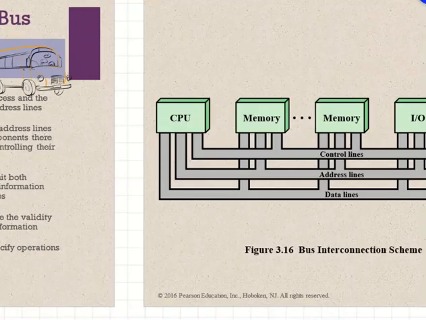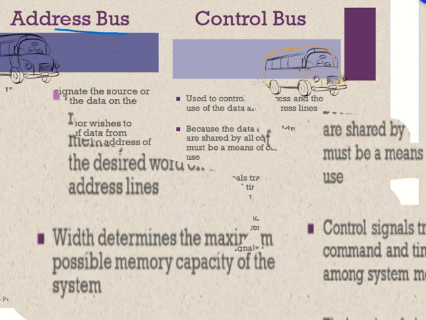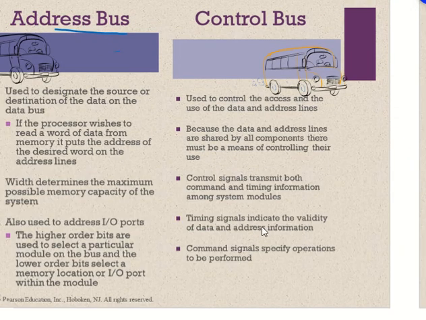And the control bus. So let's look into the control bus. The control bus is used to control the access and the use of the data and address lines. So this is the one controlling everything, the data bus, the address lines, everything. Because the data and address lines are shared by all the components, there must be a means of controlling them.